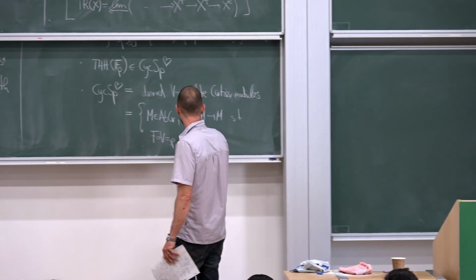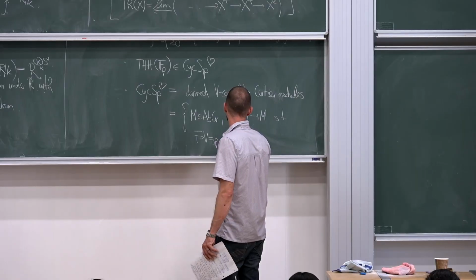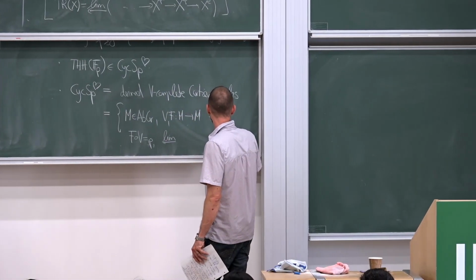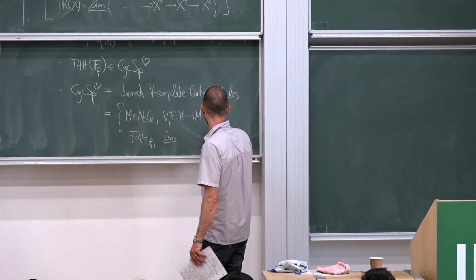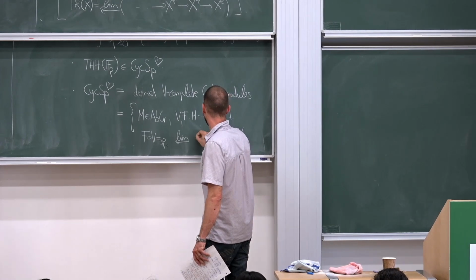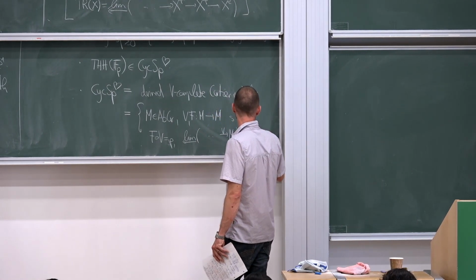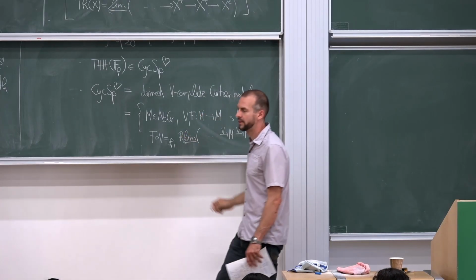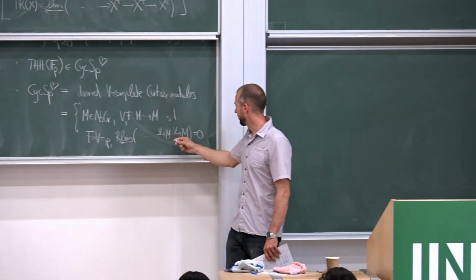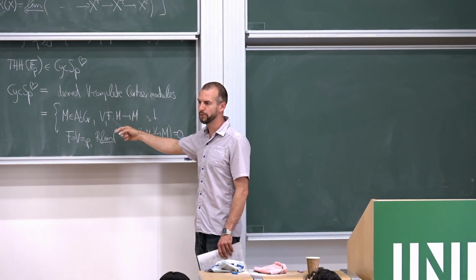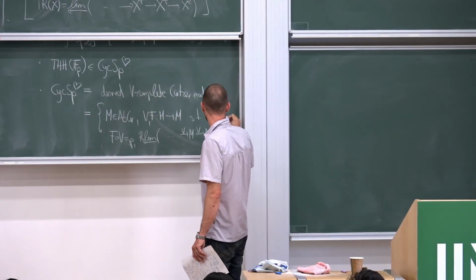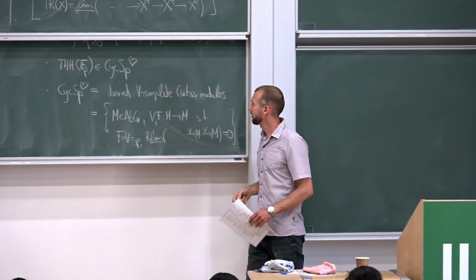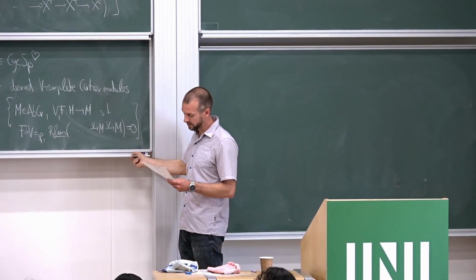And then V-completeness is that the inverse limit over the V is 0. You can apply V again and so on, and this is 0. And since it's derived V-complete, maybe I write R lim here, just to make clear that this is a priori not a limit in abelian groups, but in chain complexes. And that has to be 0. Okay, so that's what the heart looks like.